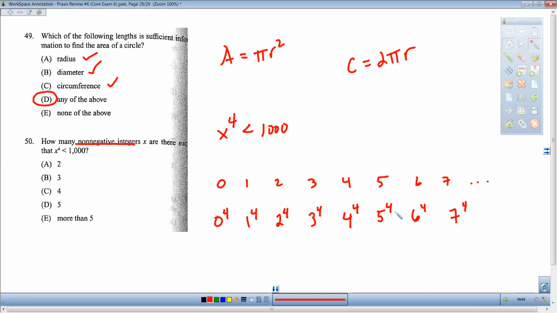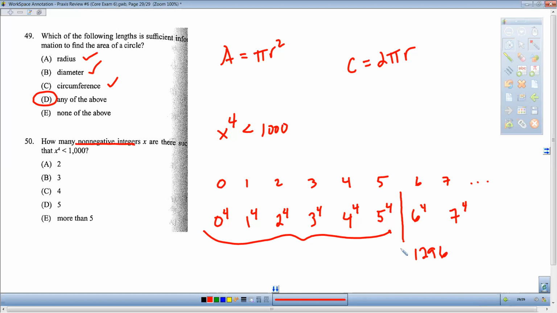And what we would find is about right here. And all of these would be sufficient, because if you take 6 to the fourth, you're going to get 1,296.